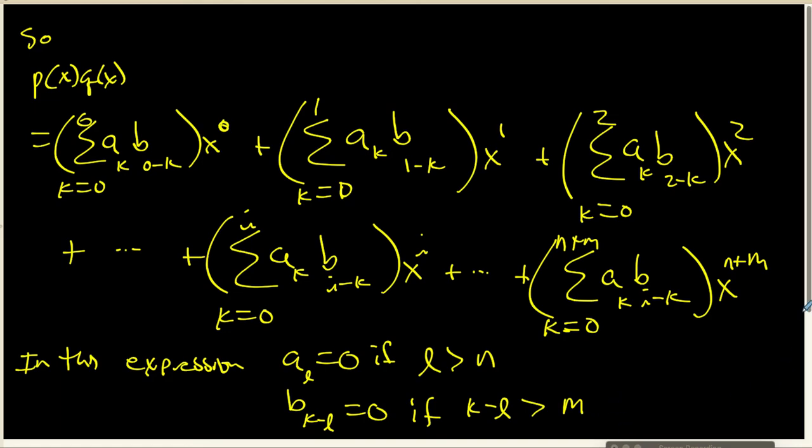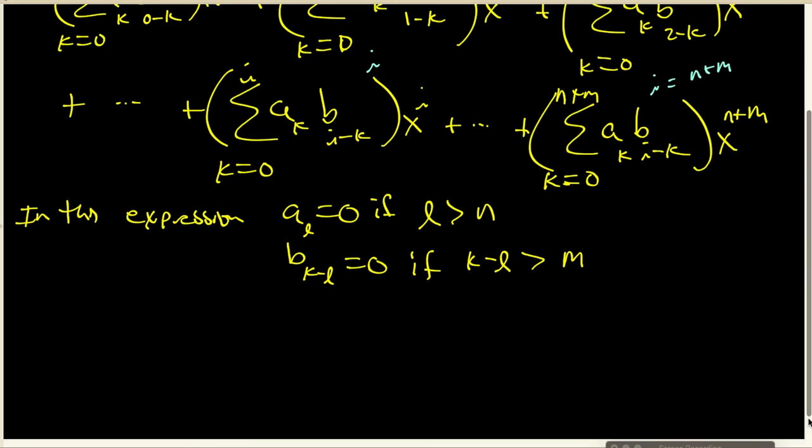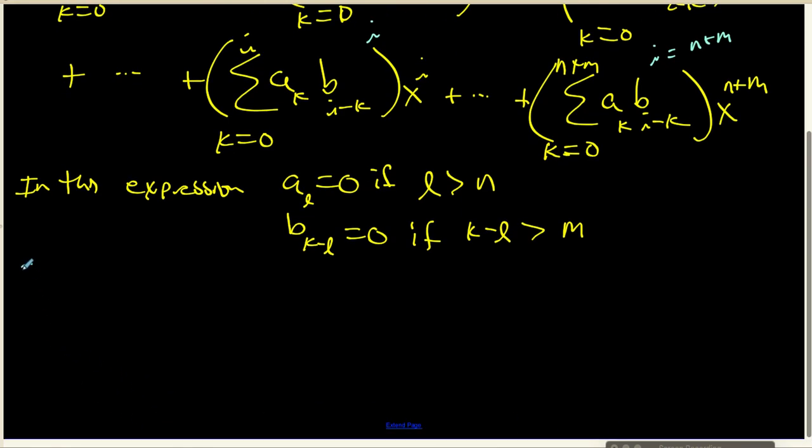The net result of this is, however, that we can shorten this up even more by realizing that this is when I is equal to 0. This mess is when I is equal to 1. This mess is when I is equal to 2. This, of course, is my general term, and this is when I is equal to n plus m. So what this allows me to do is write the following.